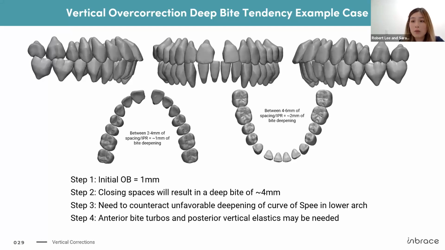So start off at about 1 millimeter overbite. Closing the spaces will result in a deep bite of 4 millimeters. You want to counteract the unfavorable deepening of the curve of Spee in the lower arch from all of that space closure. And keep in mind anterior bite turbos and posterior vertical elastics may be needed for the deep bite tendency.